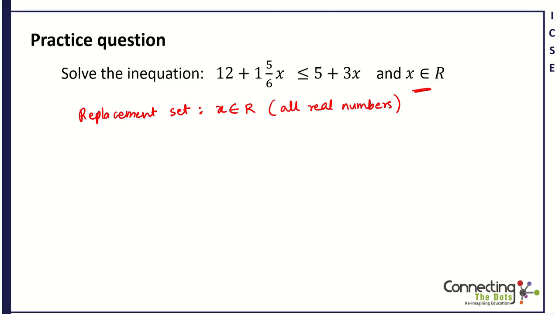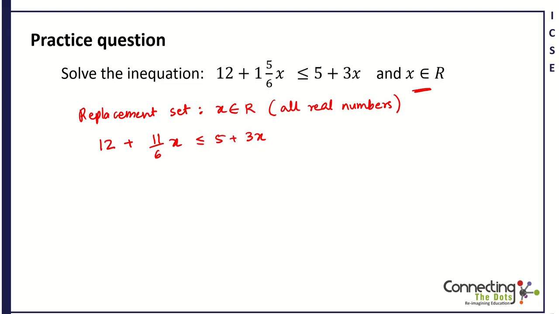Then we will proceed to find the solution set. How do we do that? We're starting with 12 plus 1 and 5 by 6 of x. I'm going to write it as an improper fraction. It becomes 12 plus 11 by 6 x is less than or equal to 5 plus 3x.